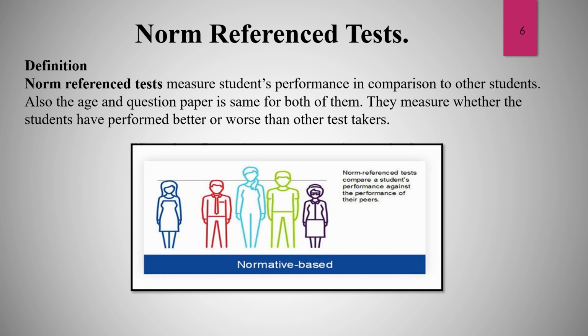So if the child is performing less, meaning he is scoring less than his other friends, this performance is measured in terms of grades or other ways of assessment. Basically, the child's performance is being compared with his friends in terms of grades or anything.